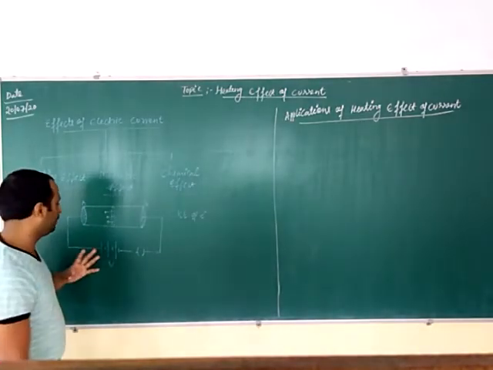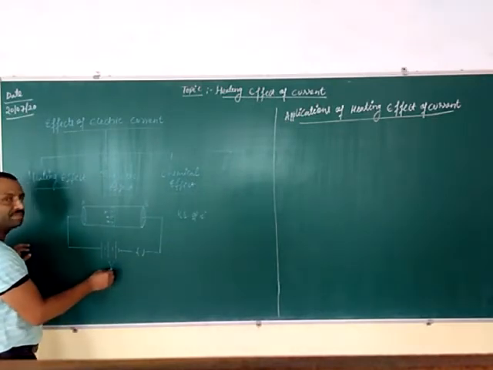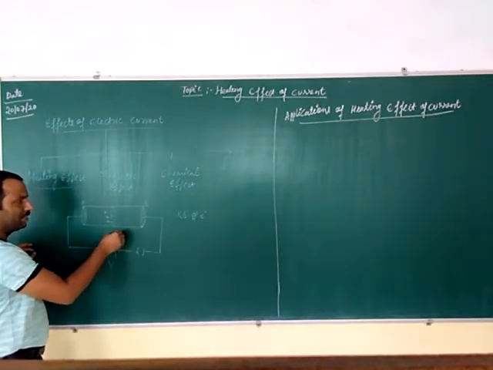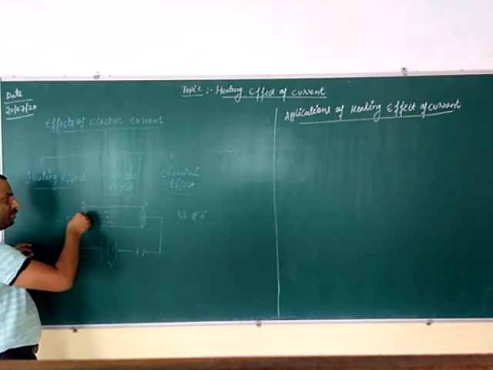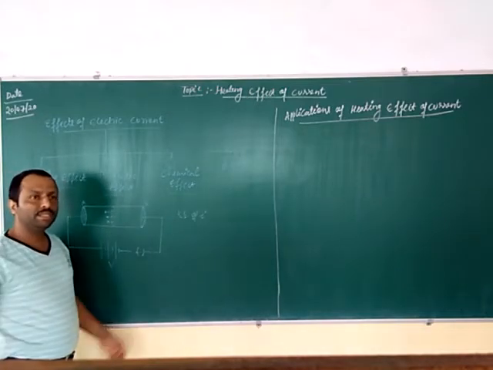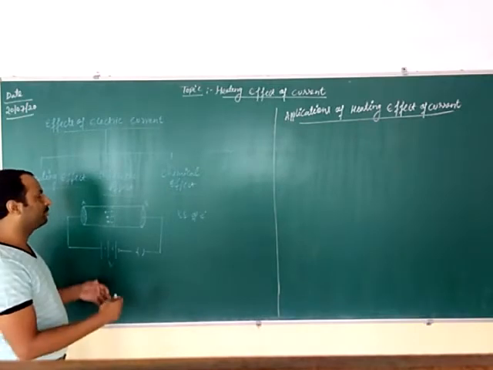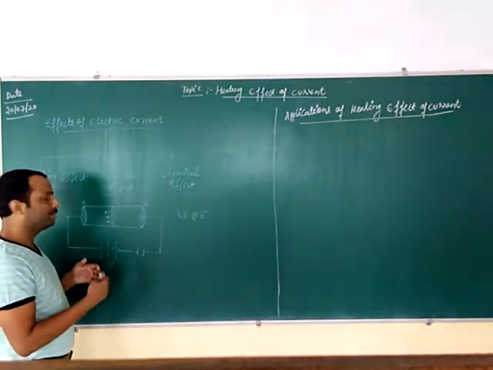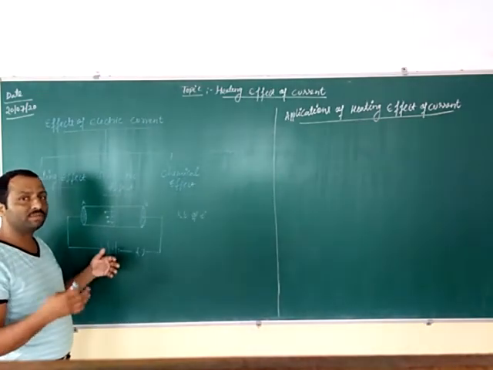In a very simple explanation, as the potential difference is applied, an electric field is set up, and all the electrons drift towards the positive end of the conductor. During their motion, they collide with the atoms and ions of the conductor, as well as among themselves.